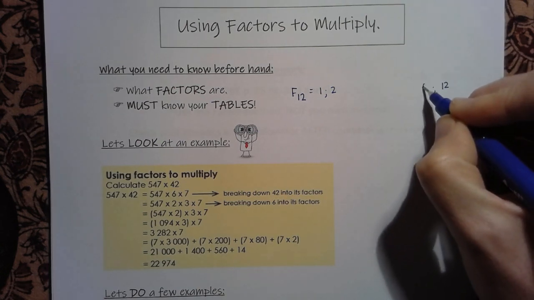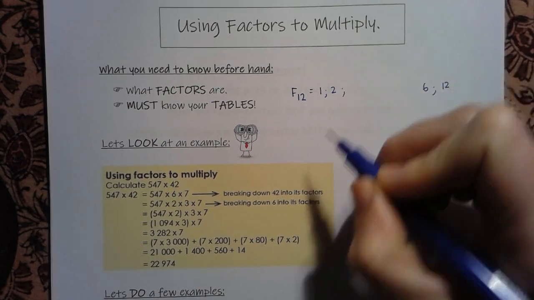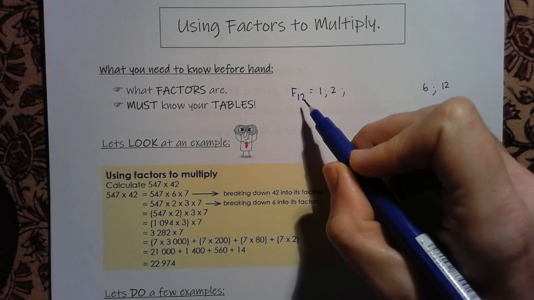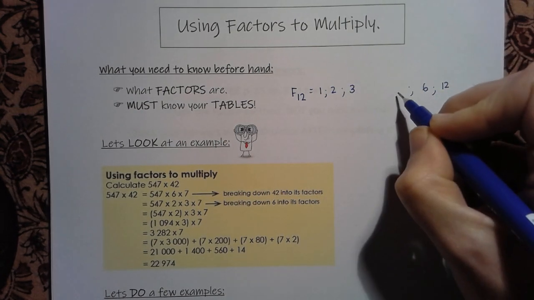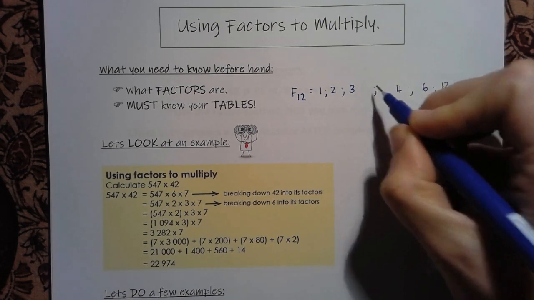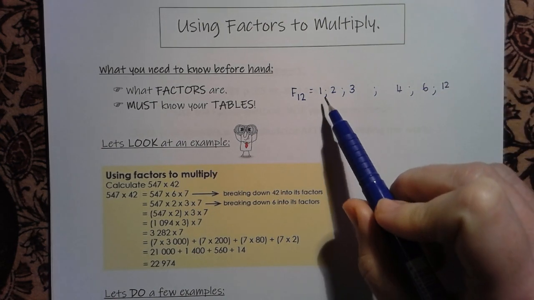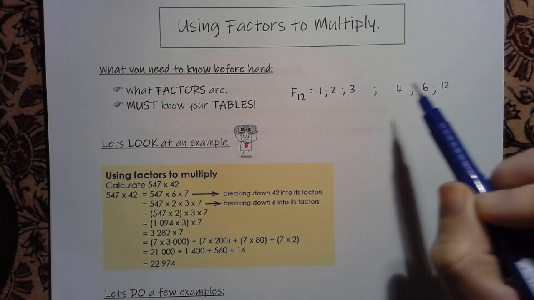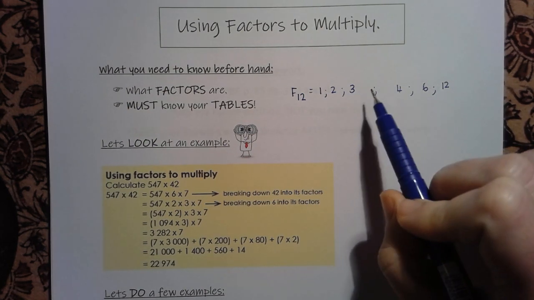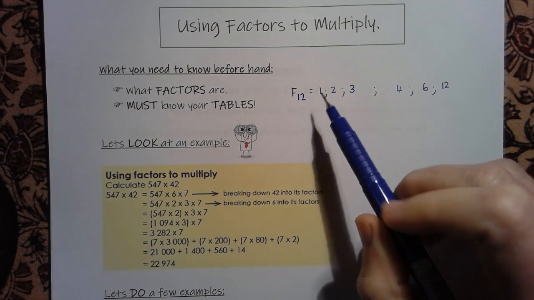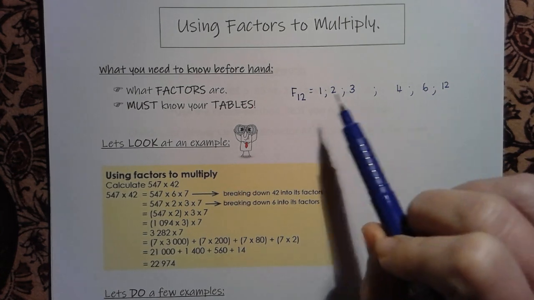That is 6. And the next number that can divide into 12 is 3. What times 3 equals 12? That is 4. So you will notice that I've worked from the outside inwards. Okay, so I started with 1 and 12 on the outside, and then I ended with 3 and 4 on the inside. So these are all the factors of 12.